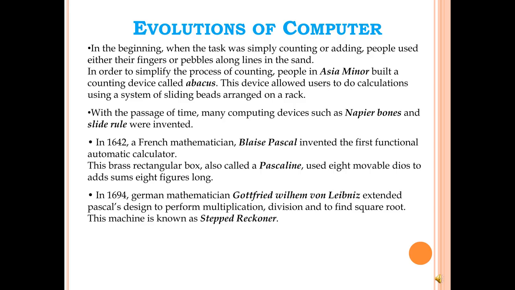So, in order to simplify this counting process, people in Asia Minor built a counting device. They gave that counting device the name abacus. What abacus used to do, this device allows the user to do the calculation using the sliding beads.